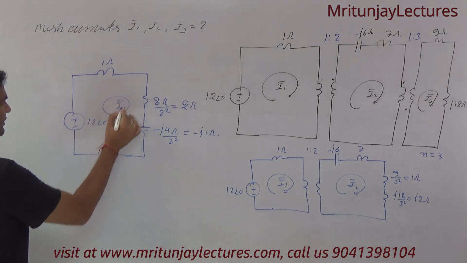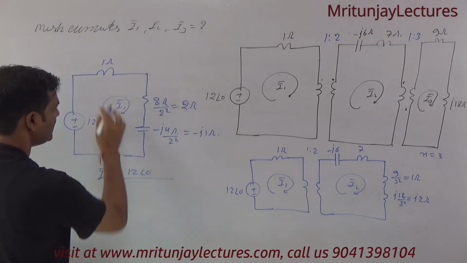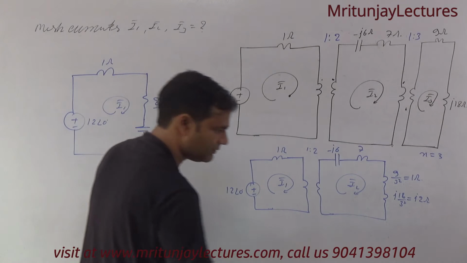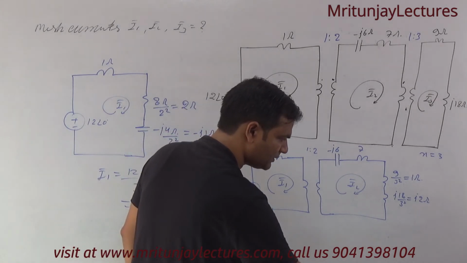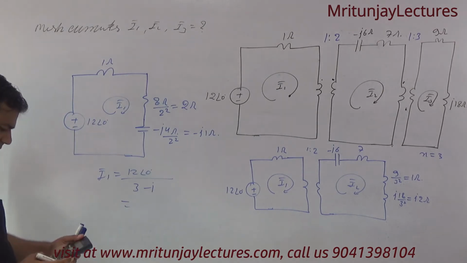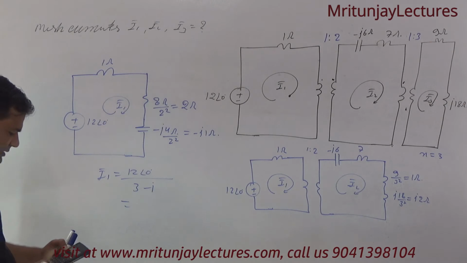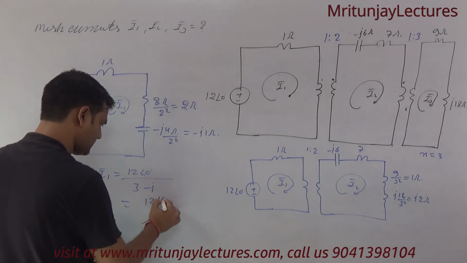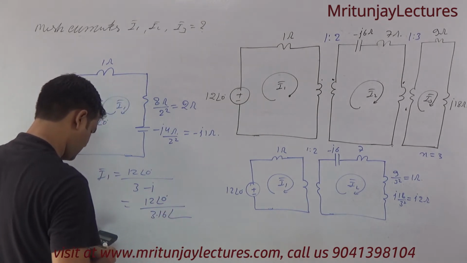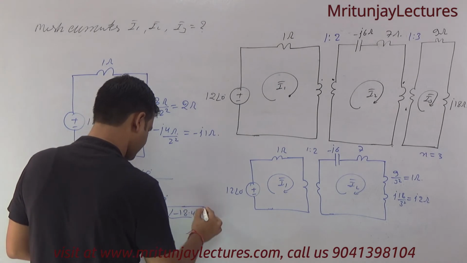So what about I1? I1 is 12 at the angle 0 divided by 2 plus 1, 3, minus j. So finally we got 3 minus j. This one is written as 12 at the angle 0 divided by 3.16 at the angle minus 18.43.